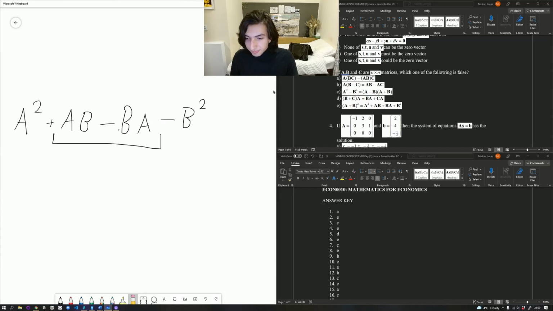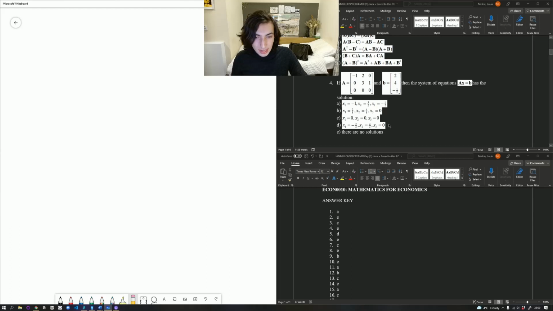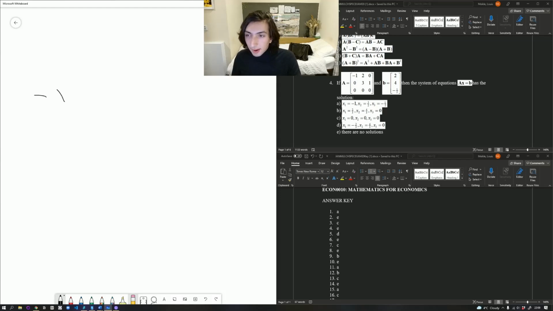Now in 4, you can see that the answer is that there are no solutions. Why is this? Well, it's actually quite simple. Let's think about this matrix up here as an equation system. So you have minus x1 plus 2x2 plus 0x3 equals 2.